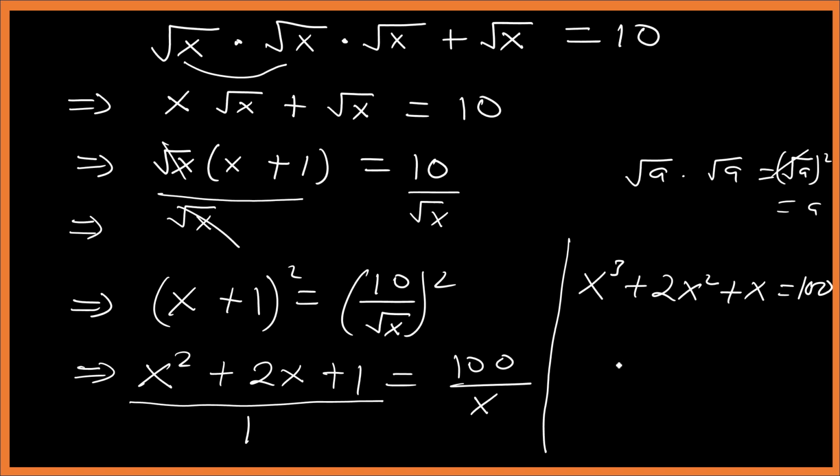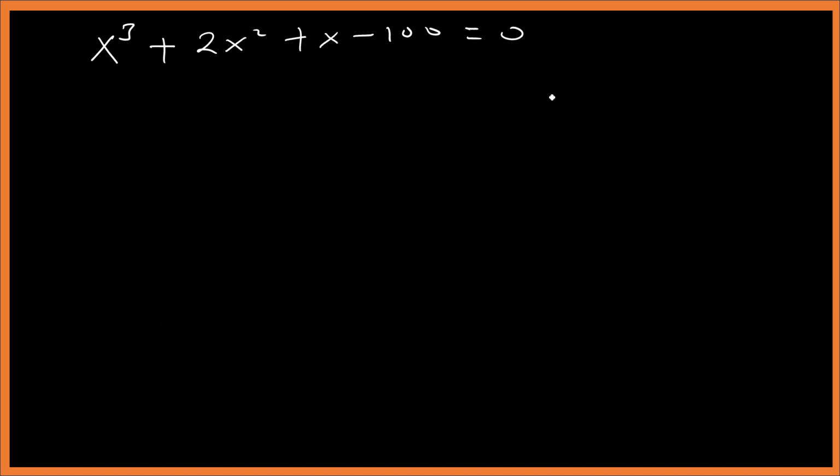Okay, so we have x cubed plus 2x squared plus x minus 100 equal to 0. Okay, all right. So let's record this one.